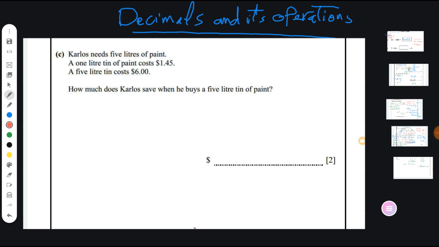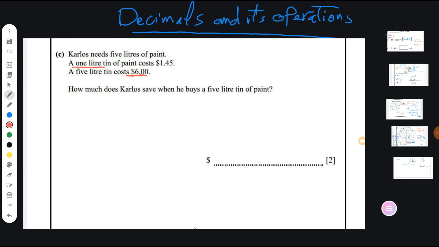To buy 1 tin, okay, with 1 liter. But he needs 5, okay? A 5 liter tin costs 6. What do you think is better for him, to buy 1 tin of 5 liters or 5 tins of 1 liter? Okay, actually we need to calculate to see which one will save him money, okay?